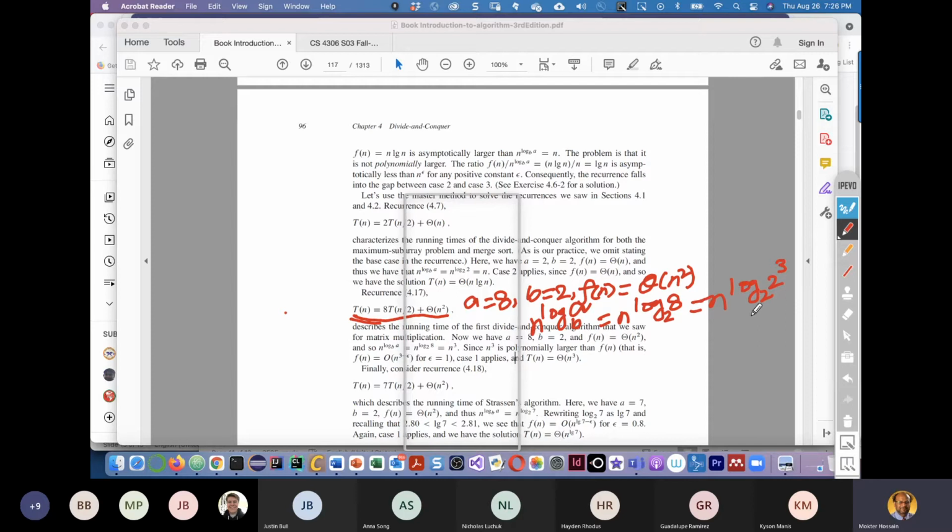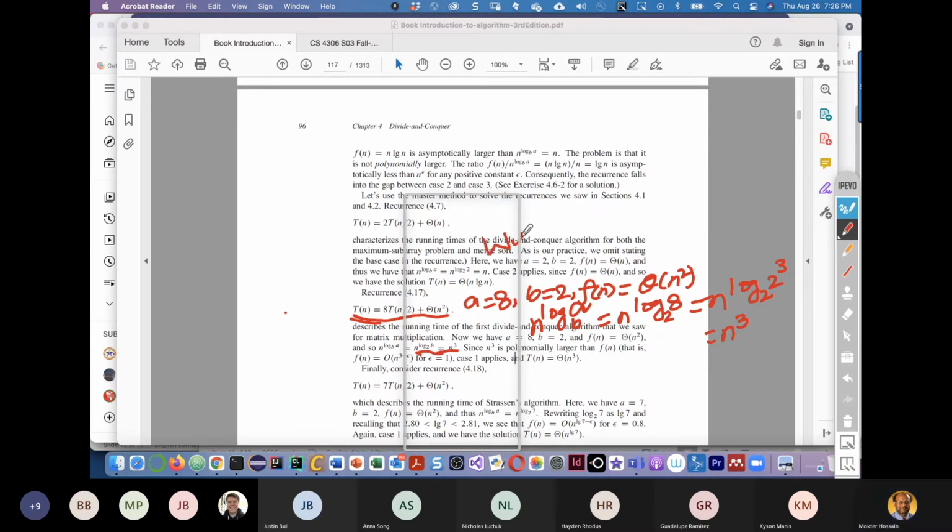That means we will see n to the power 3. So we got this one equal to n to the power 3.